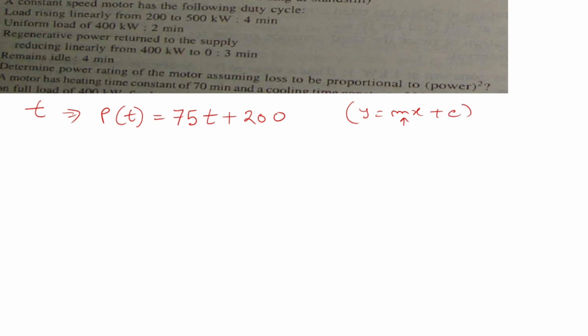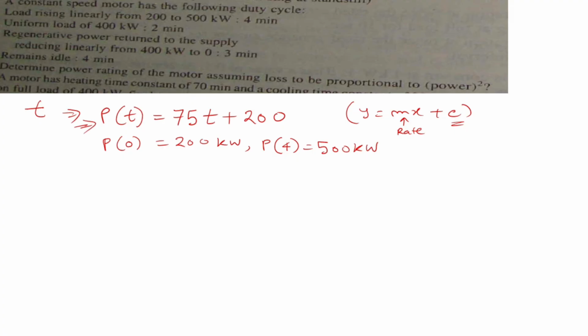This is the rate of change, and c is the intercept, which is 200 at time t equal to 0. If we put t equal to 0, we will get that the load is 200 kilowatt, and if we put t equal to 4 minutes, then we get that the load is 500 kilowatt. Okay, now we know the pt.